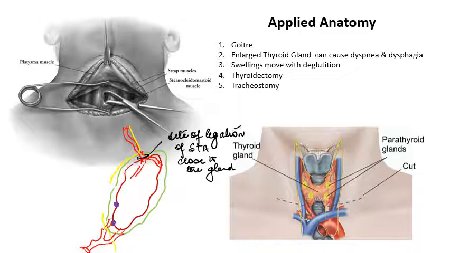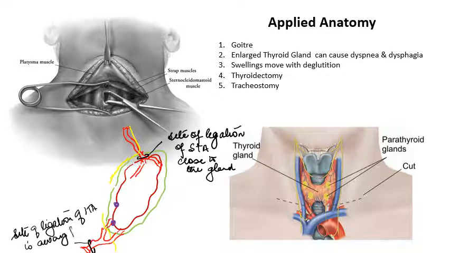So the site of ligation should be away. It is here where we would like to ligate the inferior thyroid artery. So the site of ligation of the inferior thyroid artery is away from the gland.